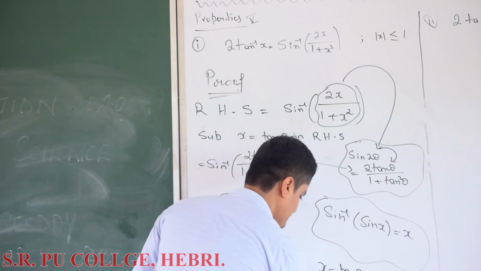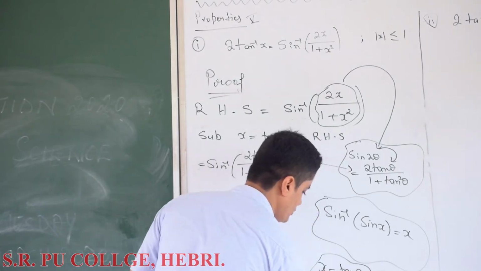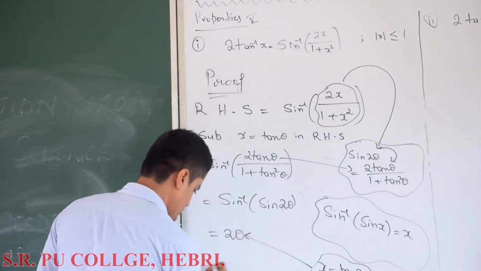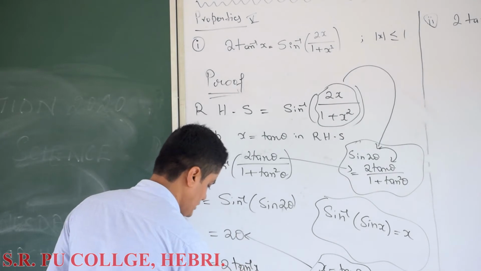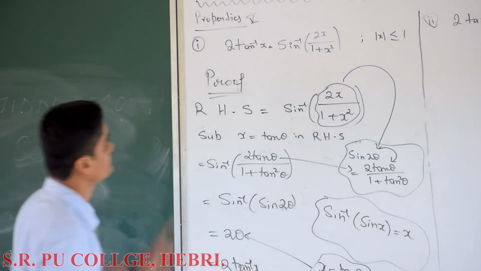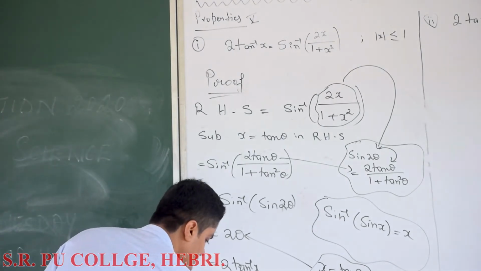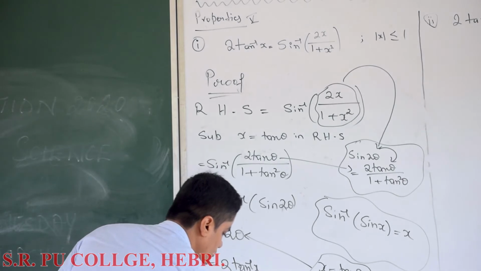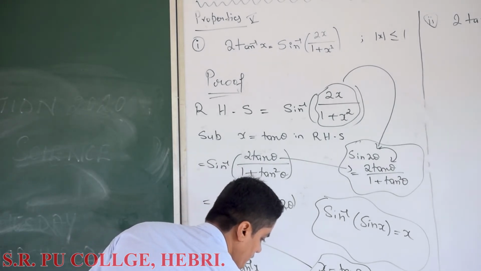So this implies theta is equal to tan inverse of x. So substitute this back here, we will get 2 into tan inverse of x. Now see the question, this is nothing but the LHS, right? So therefore 2 tan inverse of x is equal to sin inverse of 2x divided by 1 plus x square.